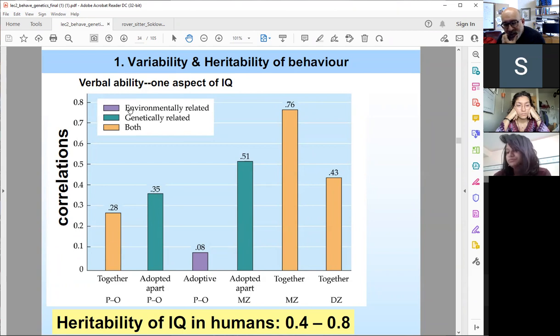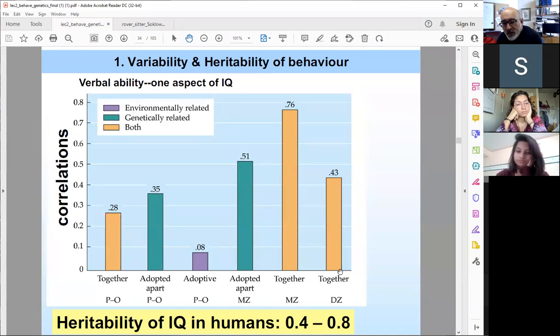This is one aspect of IQ. This is a standardized test that you can use, and that is the test of IQ, I guess, here: verbal ability. Then we have monozygotic twins that have been adopted apart, monozygotic twins that are together, and dizygotic twins that are raised together.